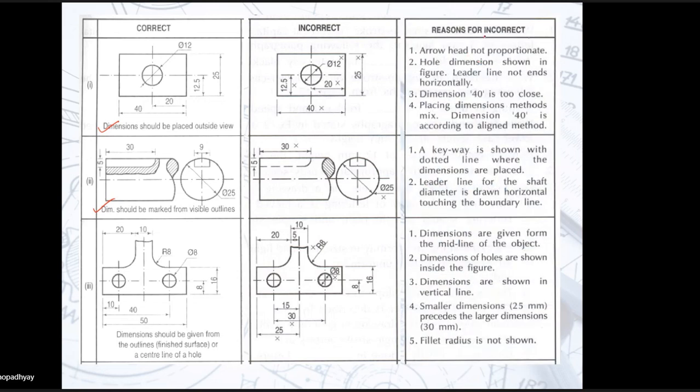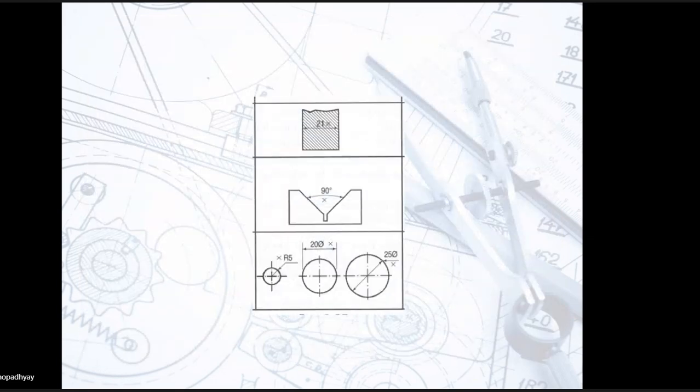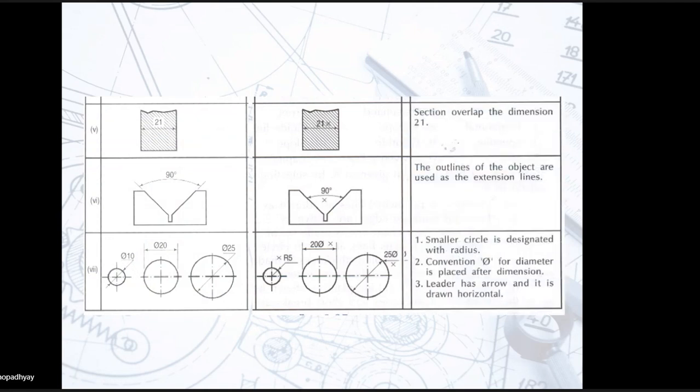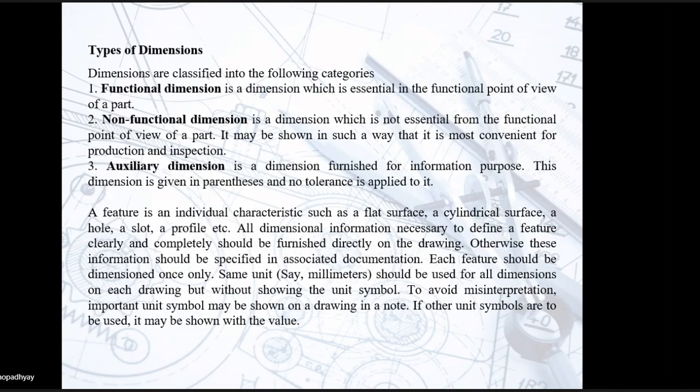The reasons why a drawing is incorrect and why another one is correct, you can go through later on. See here, incorrect method, correct method, that is given to you. Why it is incorrect, which one is correct and the reason, that is also given to you.